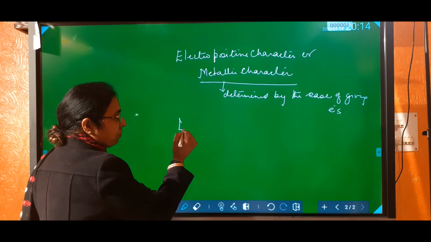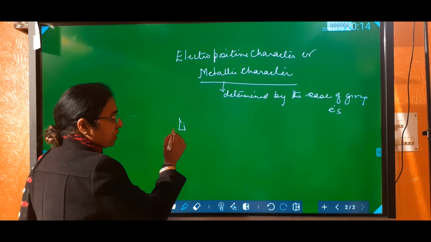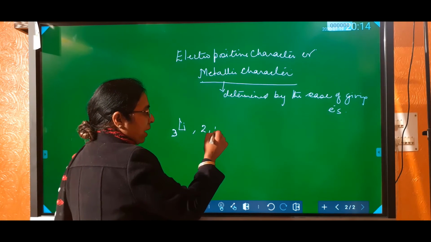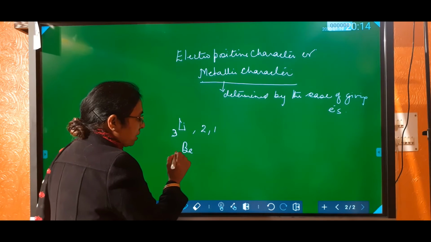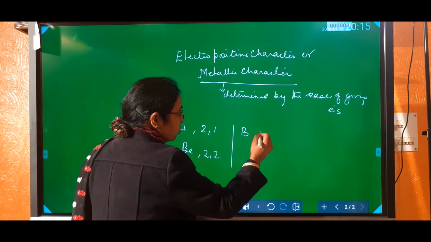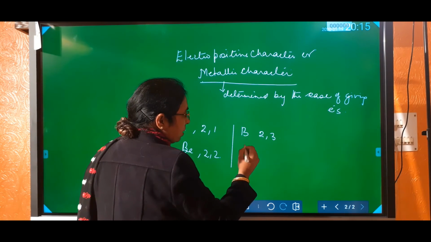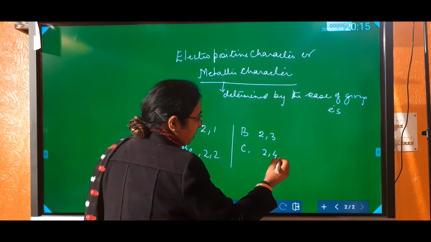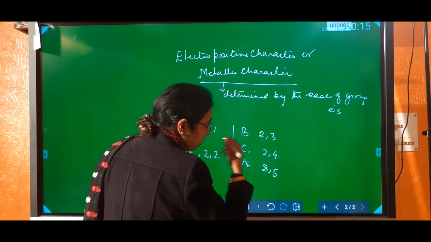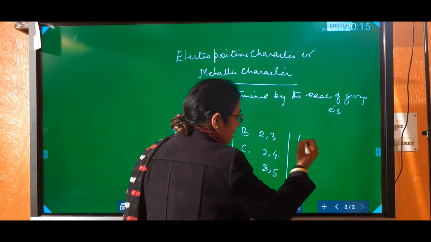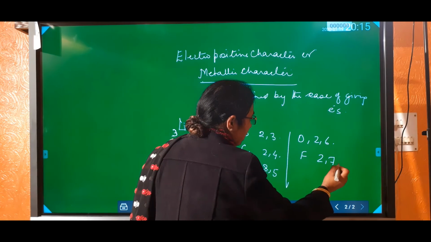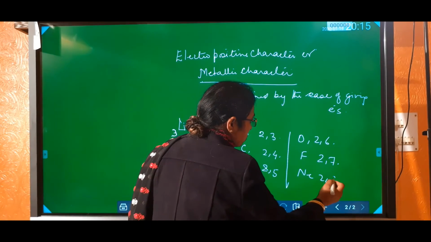Writing the configuration once again: lithium is 2 and 1, beryllium 2 and 2, boron 2 and 3, carbon 2 and 4, nitrogen 2 and 5, oxygen 2 and 6, fluorine 2 and 7, neon 2 and 8.